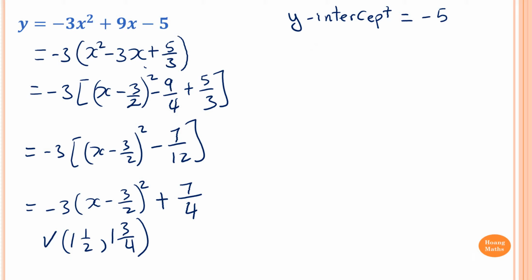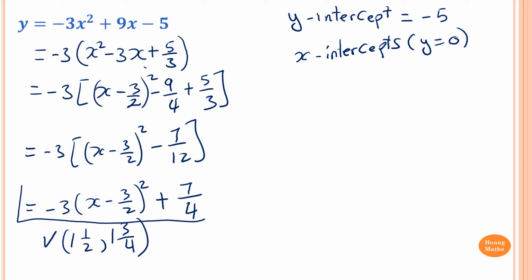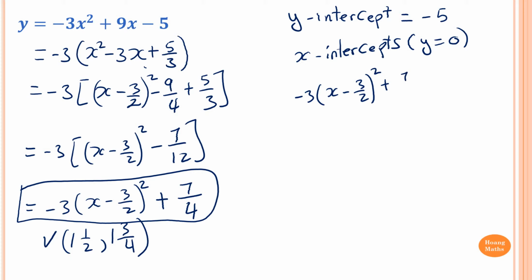Now we need to find the x-intercepts. This means that when y is equal to 0, this one here is equal to 0. This means that minus 3 bracket x minus 3 over 2 all squared plus 7 over 4 is equal to 0.